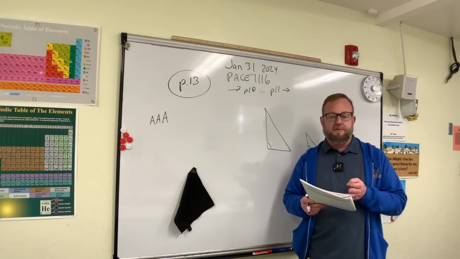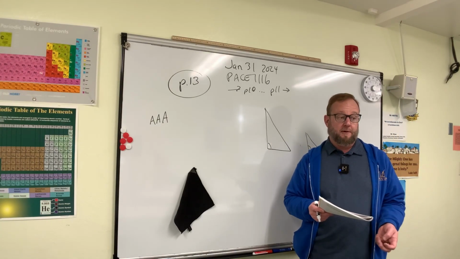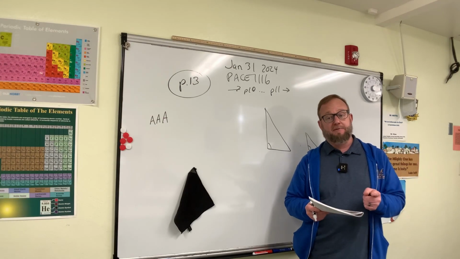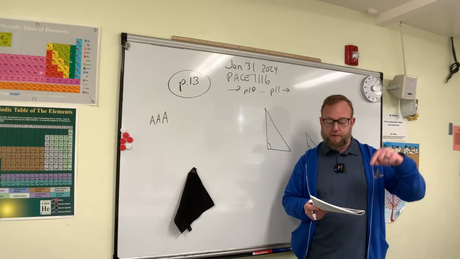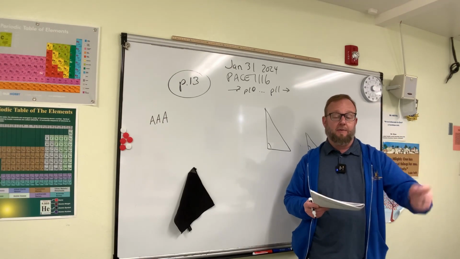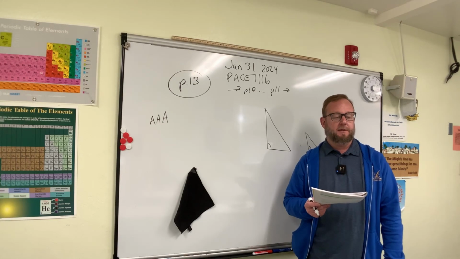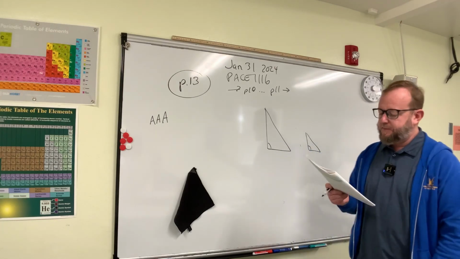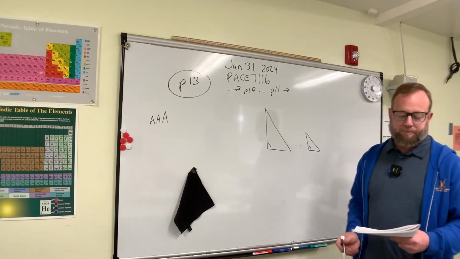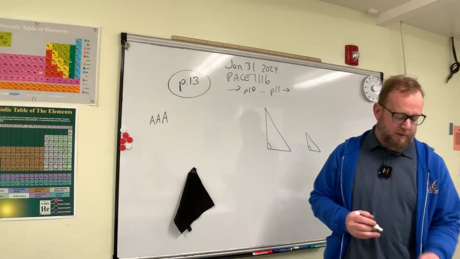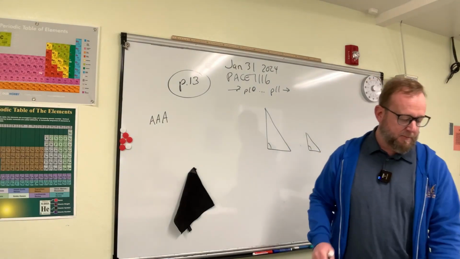Even though those lengths of those sides are proportional, does that help us determine if these triangles are similar using the angle-angle theorem 87? No, it doesn't help. So you're going to have to put a no there because you only know that one angle. So that is what you're doing with those problems on the bottom of page 14.